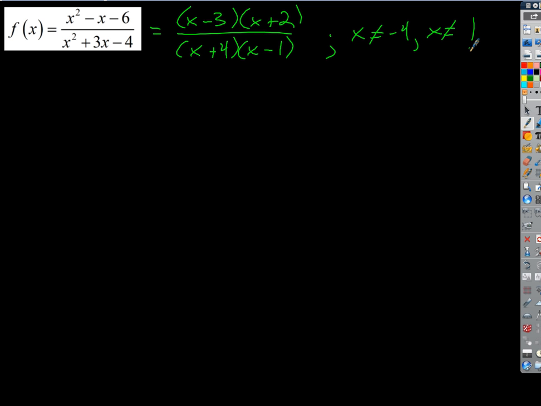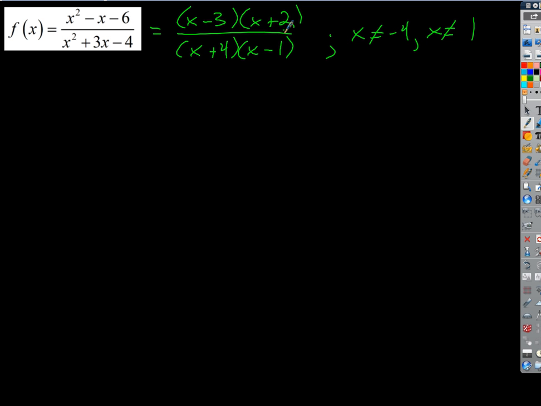What about the zeros of the top, though? What's the behavior of a fraction when the numerator is equal to 0? It crosses the x-axis. The value of the function would be 0, and that just means the y value is 0. So those would be the x-intercepts. Those are going to be at +3 and -2.